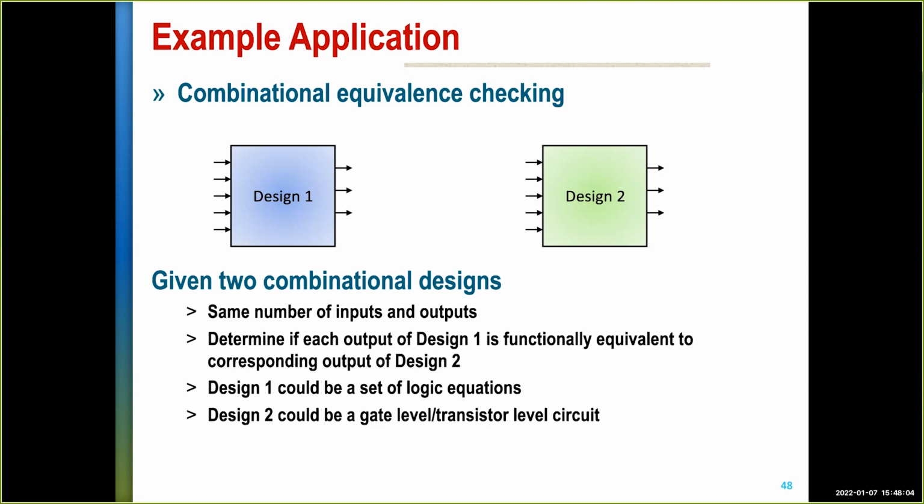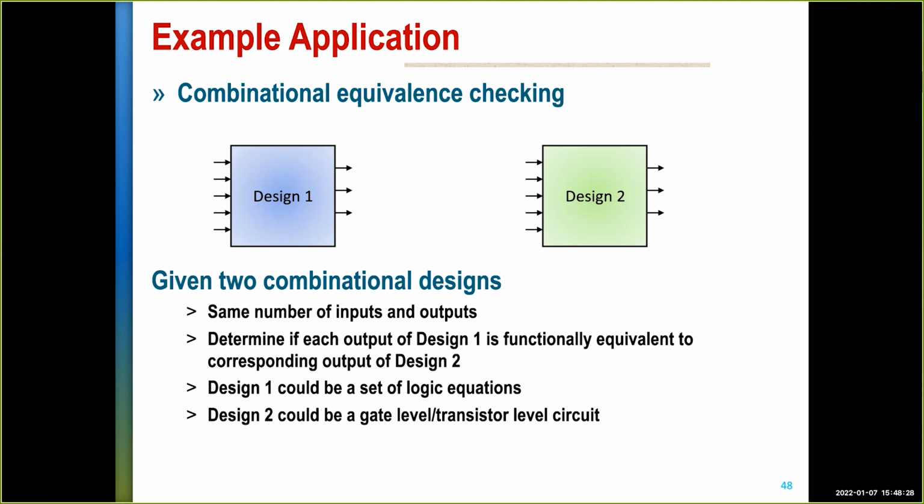So the same design is basically going through transformation from one level of description to another level of description. And what we would like to make sure is that as we are doing this jump from one level to the other level, the functionality of the design has not changed.